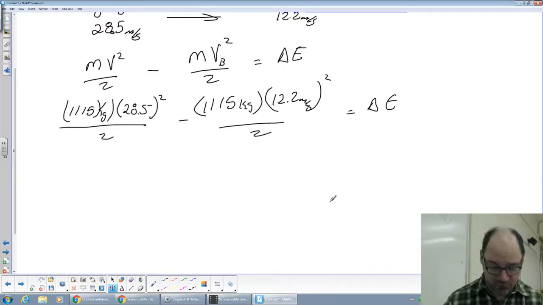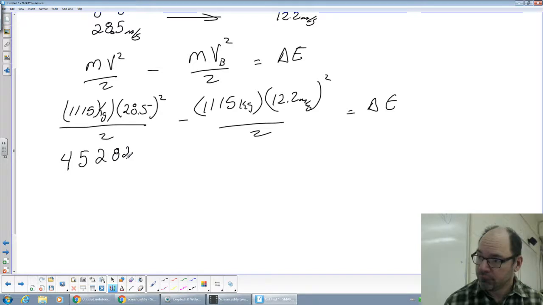okay, 28.5 squared times 1115 equals that, divided by 2. So we get huge numbers here. Lots of joules in that one.